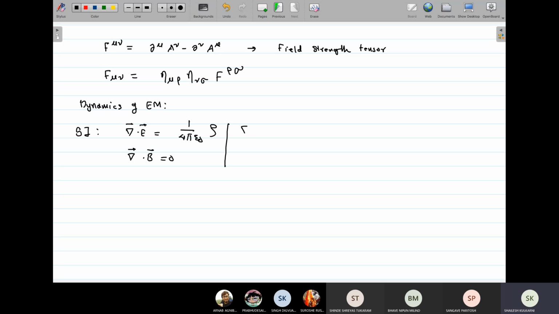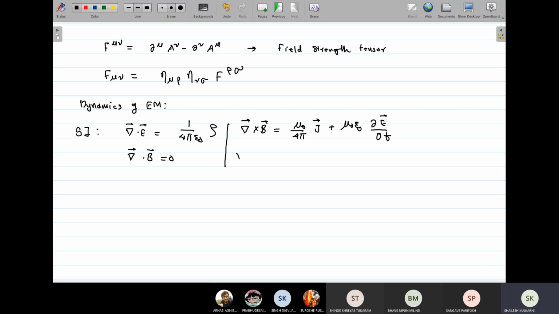Then del cross B is equal to mu 0 over 4 pi J, vector J, plus mu 0 epsilon 0 del E by del T. This is the permittivity of free space and this is the permeability.